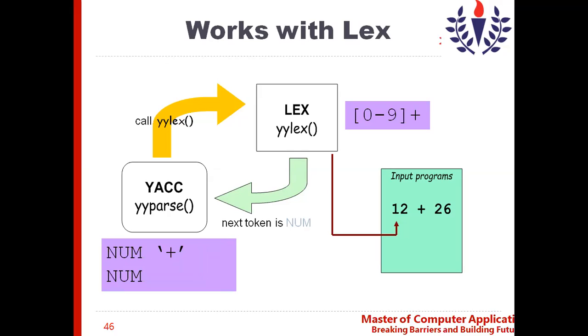Then we have the input 26. Again, it will be matched with 0 to 9 plus, so the token will be generated and returned to the parser. Now you have the statement NUM plus NUM.